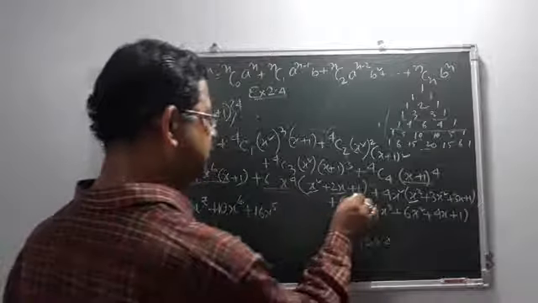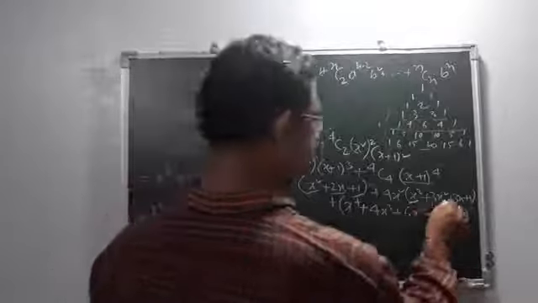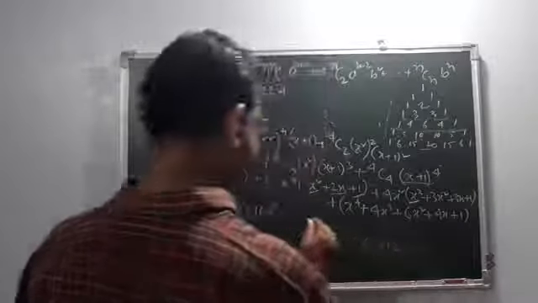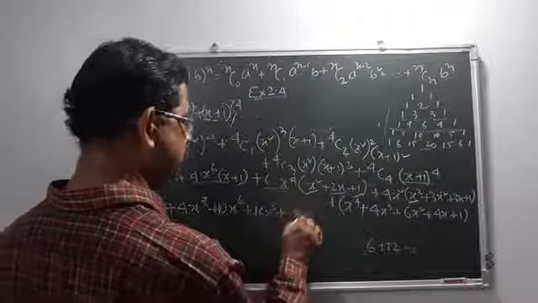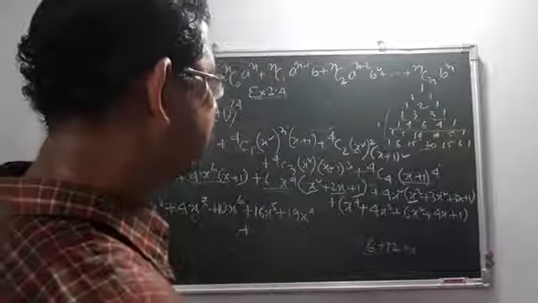If we multiply this into 1, it will be 6. These two if we multiply, it is 12. And this one is 1. So it is 19x to the power 4 plus. Now x cube.